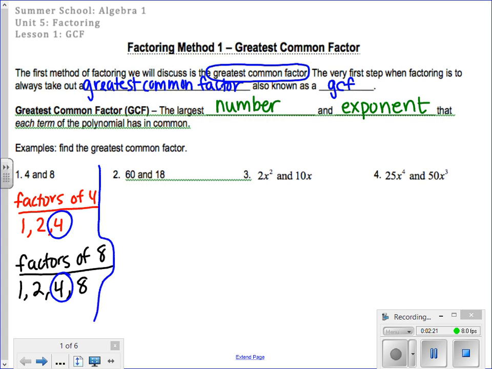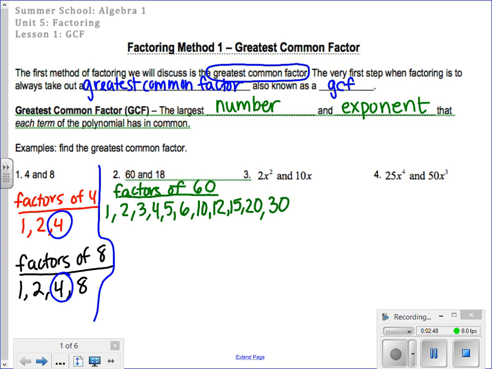All right, next example here, 60 and 18. We're going to do the same thing. We're going to start by finding the factors of 60. Those would be 1, 2, 3, 4, 5, 6, 10, 12, 15, 20, 30, and 60. Wow, there's a lot of factors of 60.